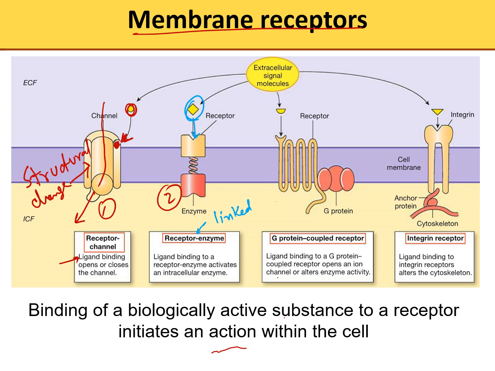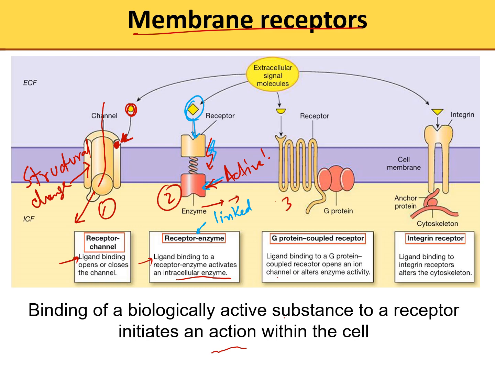There's a conformational change that happens here, and that allows this enzyme to be activated. So the enzyme becomes active, right? So ligand binding to a receptor enzyme activates the intracellular enzyme, and when the enzyme is activated, it will have an effect. A response occurs.